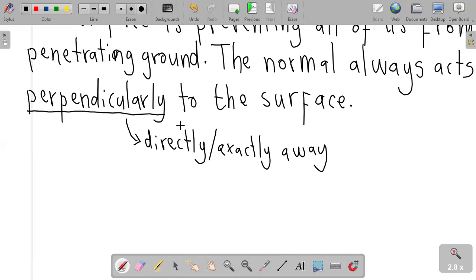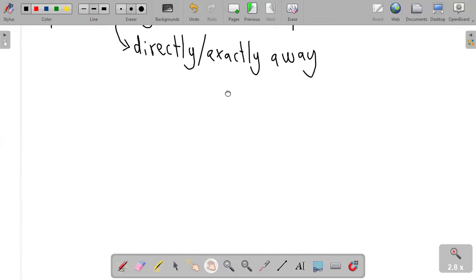Let me use diagrams here to illustrate the point. Say you have three situations. You have an object, and this object is resting on top of a surface.